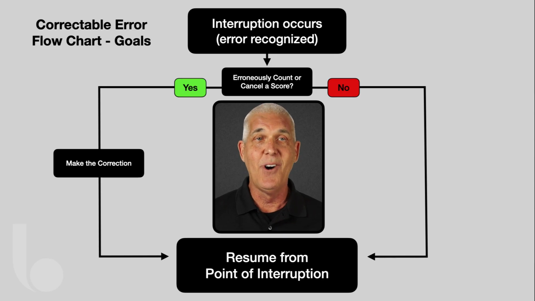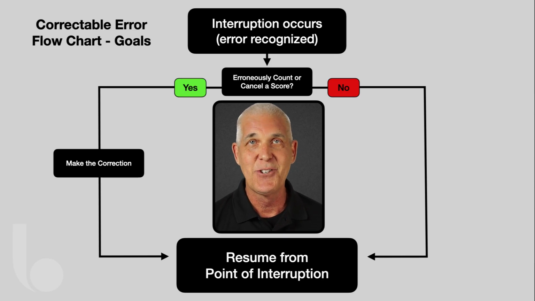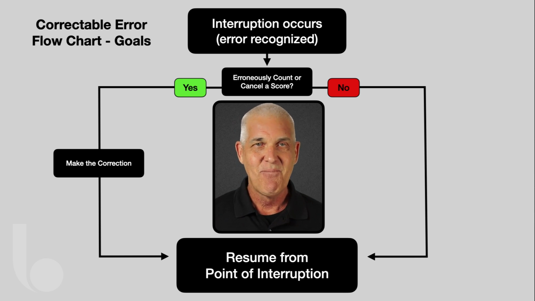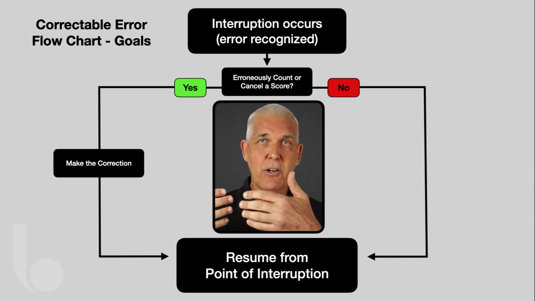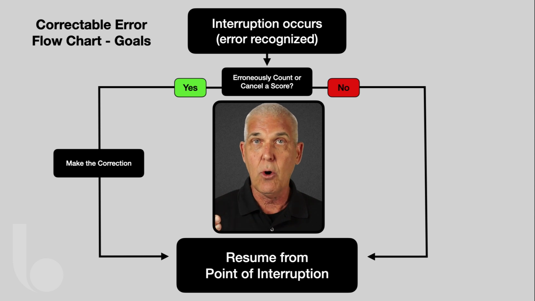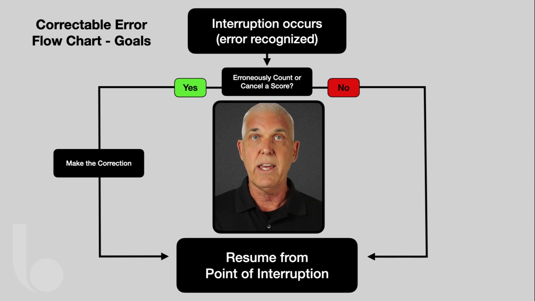So let's move on now and talk about some flowcharts here, right? Now, when we're talking about correcting a canceled goal or scoring a goal, failing to score, everything's super simple. We're either going to correct the fact that we canceled the score, or we are going to cancel the score. The official fails to indicate a 3-point goal was scored.